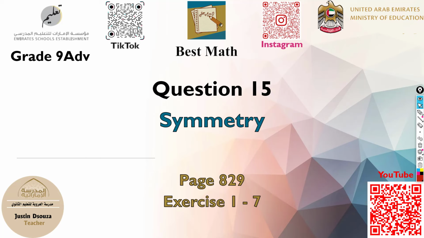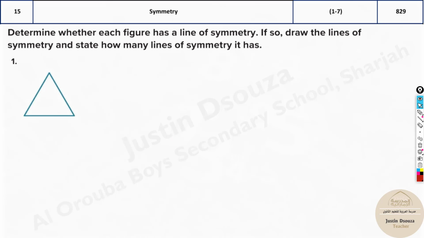Question 15 is the last one in part 1, and it is about symmetry. Here we have a figure, and is it possible to draw lines of symmetry, and if so, how many? Look at this. It looks like an equilateral triangle, isn't it? So what you do is start drawing lines. Now imagine I draw a line vertical like this.